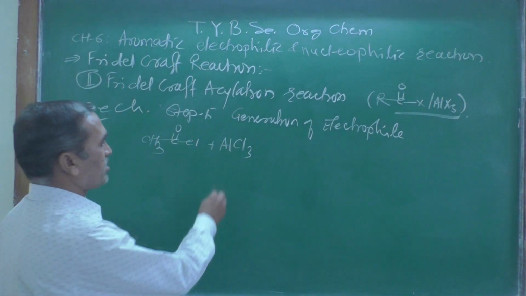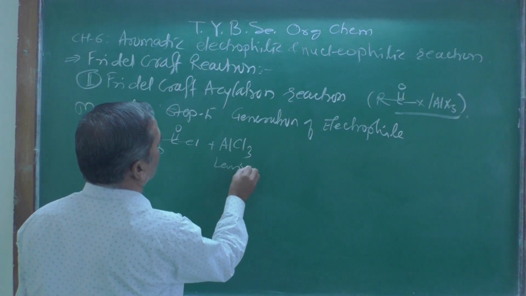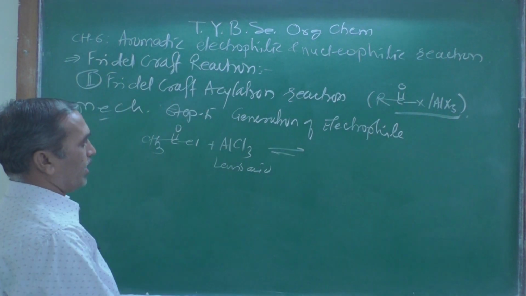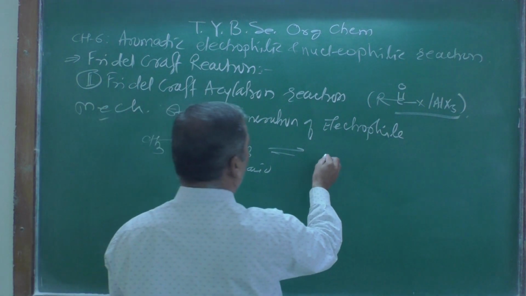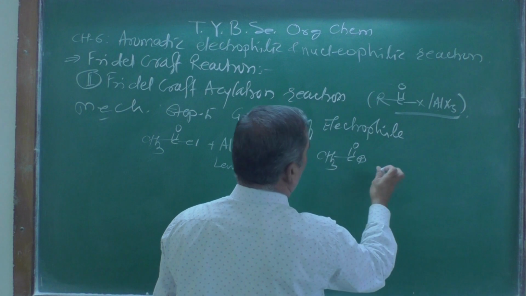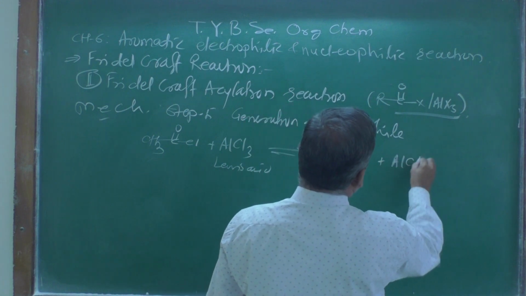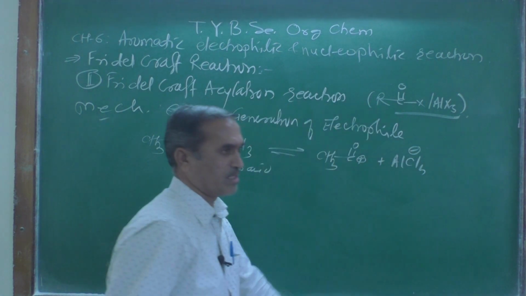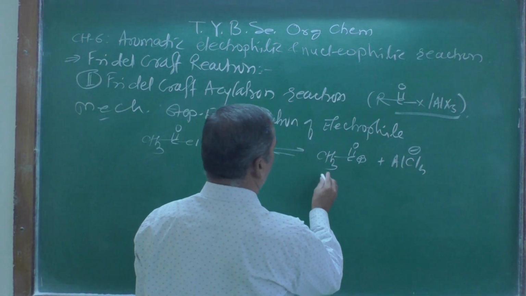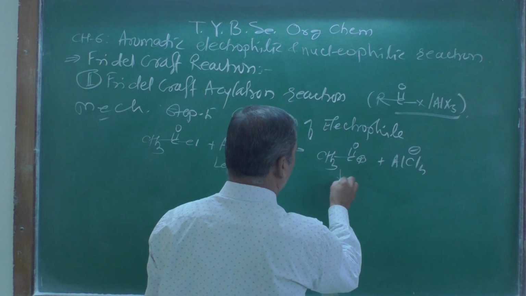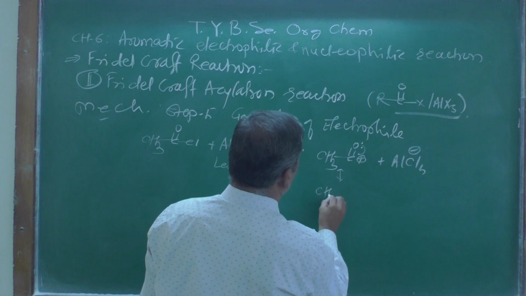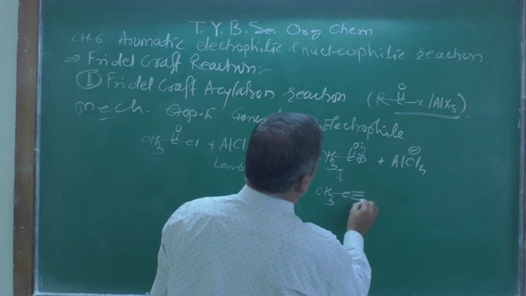As we know, AlCl3 is a Lewis acid, and the function of the Lewis acid is to generate the electrophile. Here we get CH3-C=O with a positive charge, plus AlCl4 minus, the conjugate base. This is nothing but the electrophile, and considering the lone pair present there, we can also write it as CH3-C≡O+.